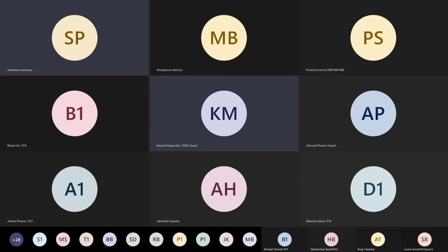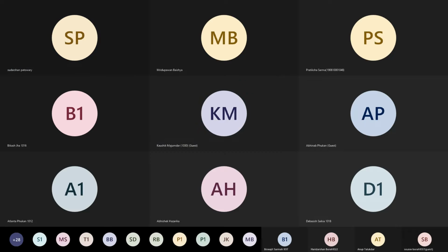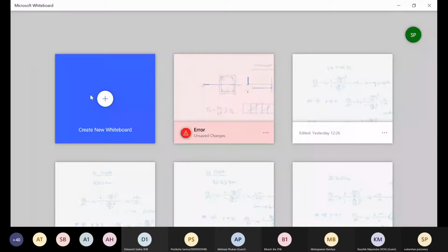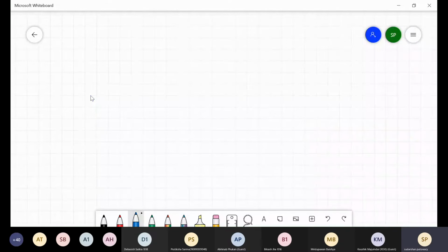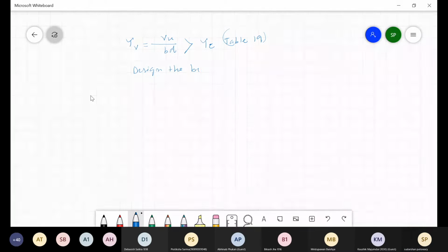Now come to the whiteboard again. So our tau v is equal to Vu by bd. If it is greater than tau c from table number 19, then design the beam for shear.